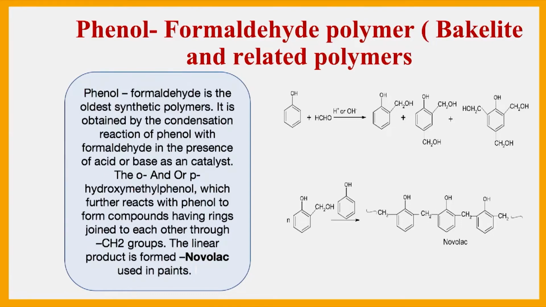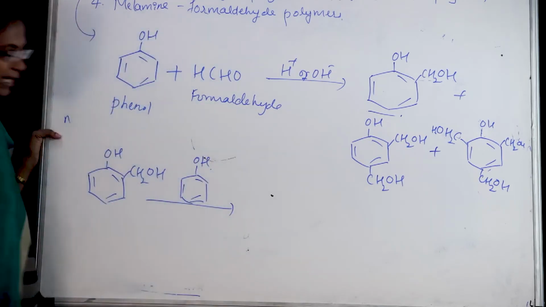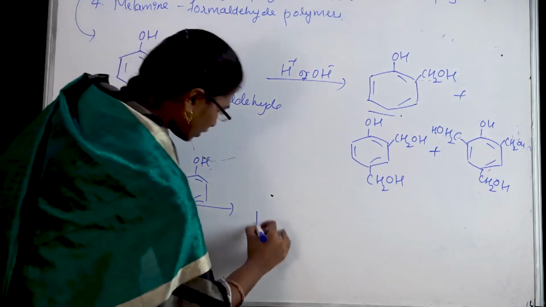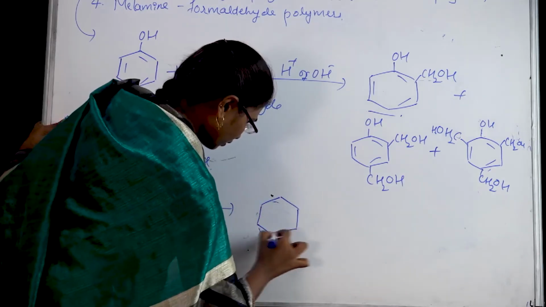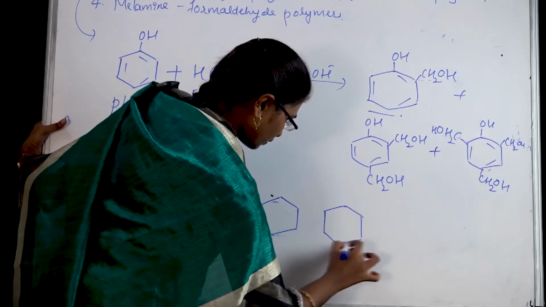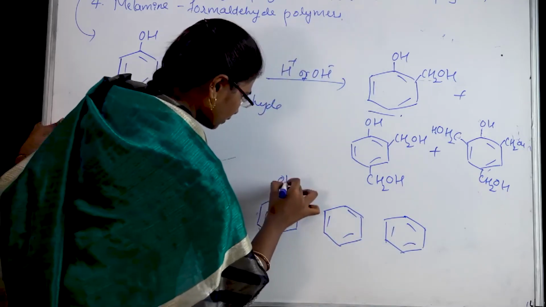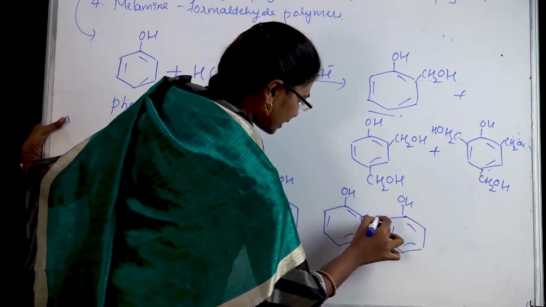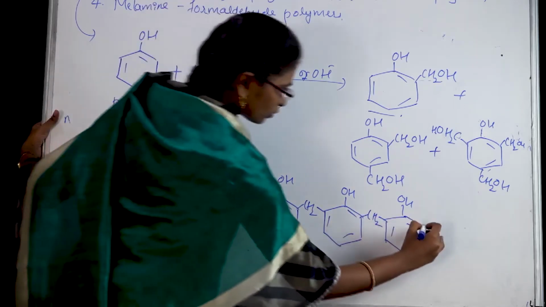So, here we will take only this compound. By taking this, again we have to react with phenol, and we will get a ring like structure, with rings joined by a CH2 group.